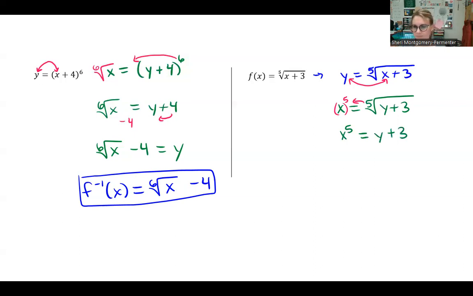One last step. Yep. Am I done? Inverse notation.